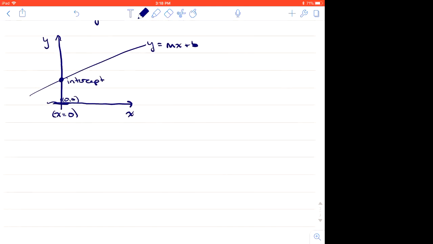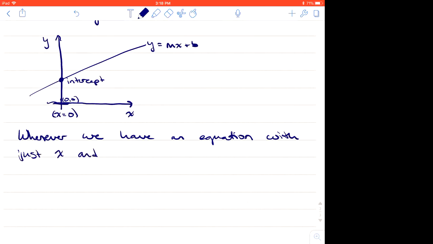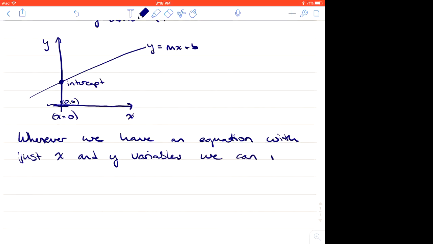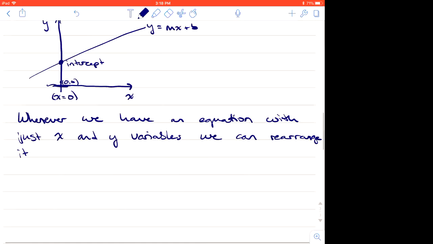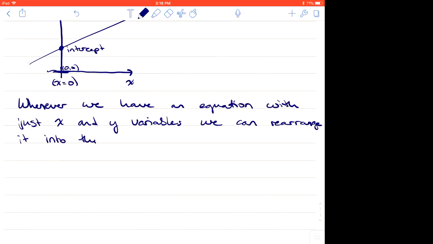So whenever we have an equation with just x and y variables, we can rearrange it into the form y equals mx plus b.